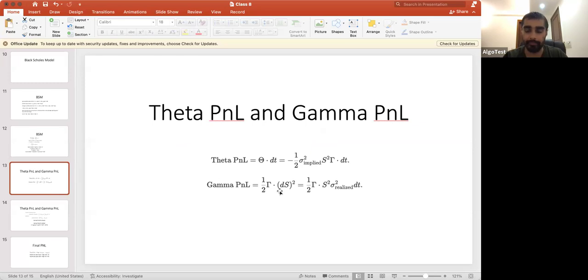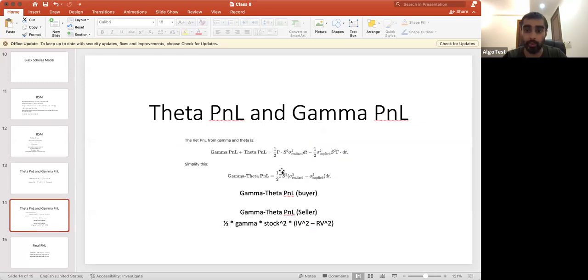And that translates into the equation where my PNL from gamma and theta comes from. This is a fundamental equation in option trading. So I hope I've built some intuition around this.